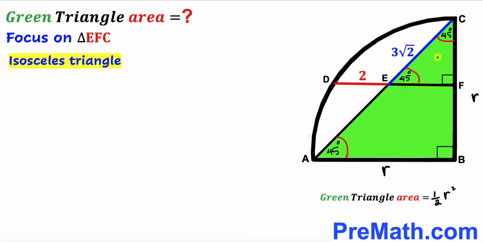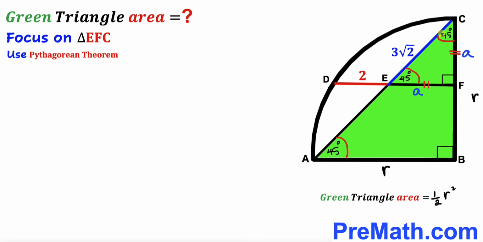So therefore we conclude that this tiny right triangle EFC is an isosceles triangle as well, since this angle is 45 degrees and likewise this angle is 45 degrees as well. So this side EF length is going to be equal to this side CF length. If I label this EF length as lowercase a, then this CF length is going to be lowercase a as well.